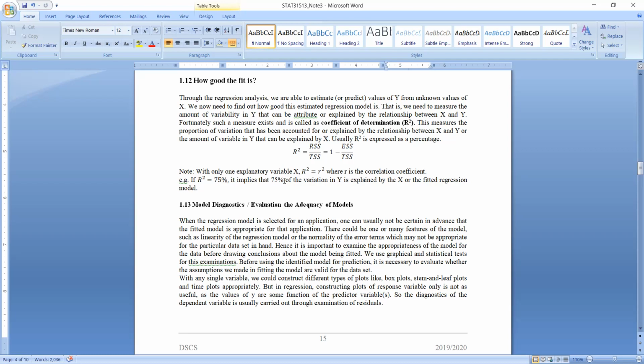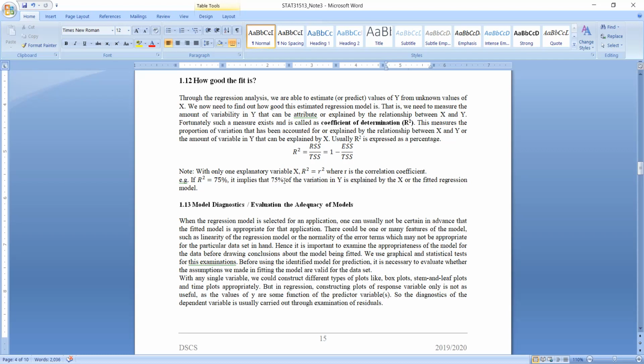The first measurement you can check, which gives the overall accuracy of the model, is called the coefficient of determination, or the R squared value.